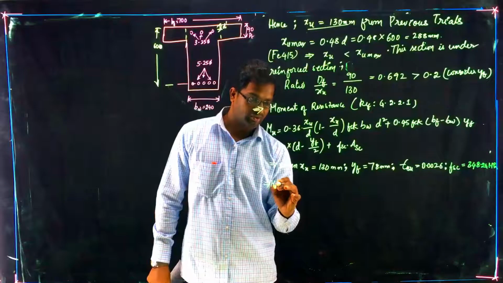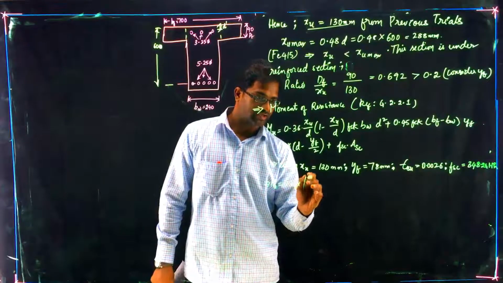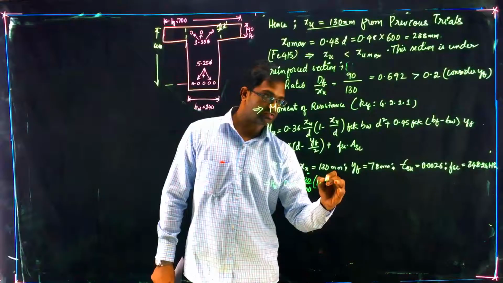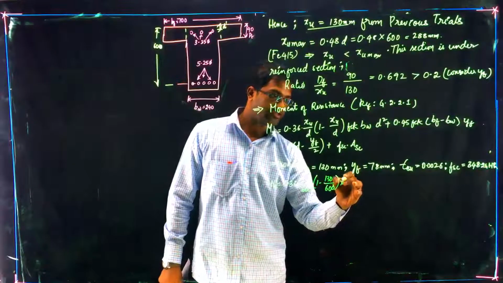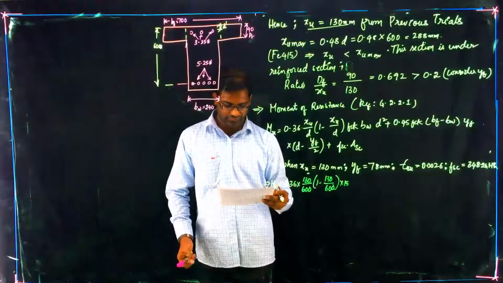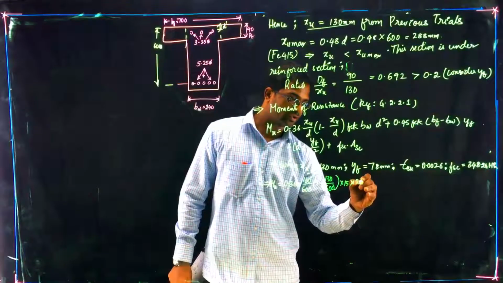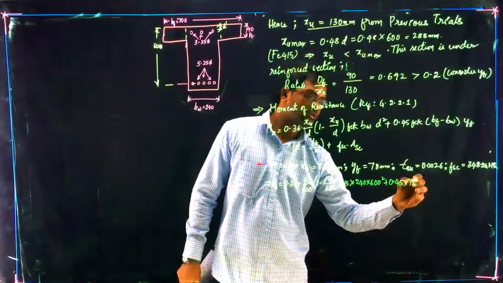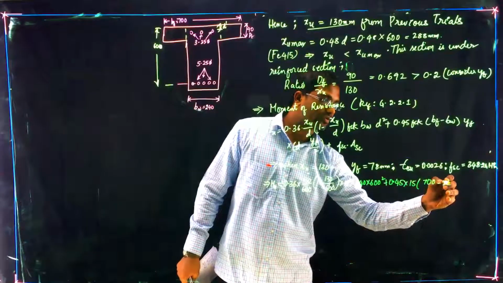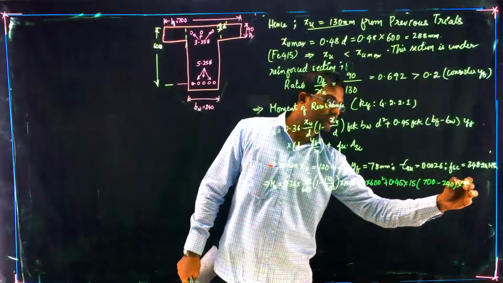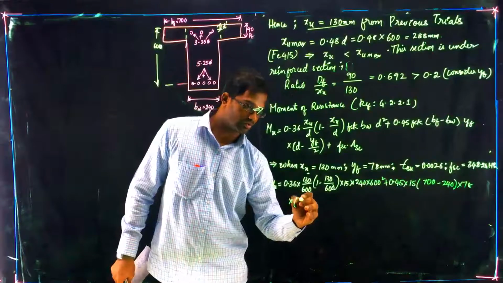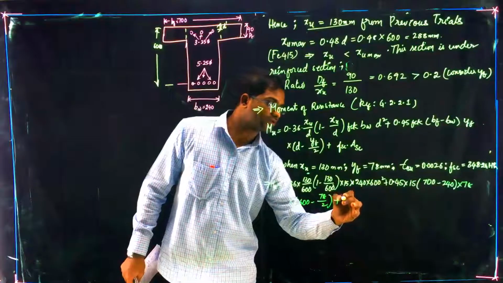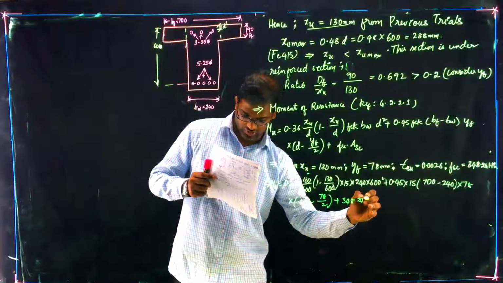That implies MU equals 0.36 into XU by D, where XU is 130 and D is 600, into 1 minus 130 by 600, into FCK 15 into 240 into D square, 600 square, plus 0.45 into 50, 700 minus 240, into YF 78, into 600 minus 78 by 2, plus FSC 348.24 into ASC.